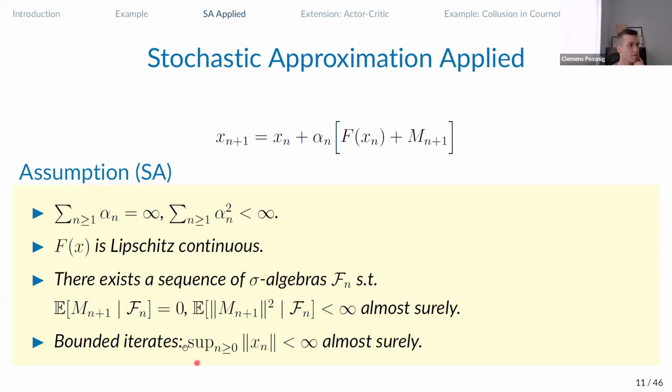So we're assuming from the get-go, even though we want to make predictions about Xn, that it's bounded almost surely. In some cases, you can verify this. In other cases, people just impose it or make all their predictions conditional on the event that the iterates stay bounded. But it might be pretty hard to verify the probability of that event actually happening. In our case, it's going to be immediately implied.